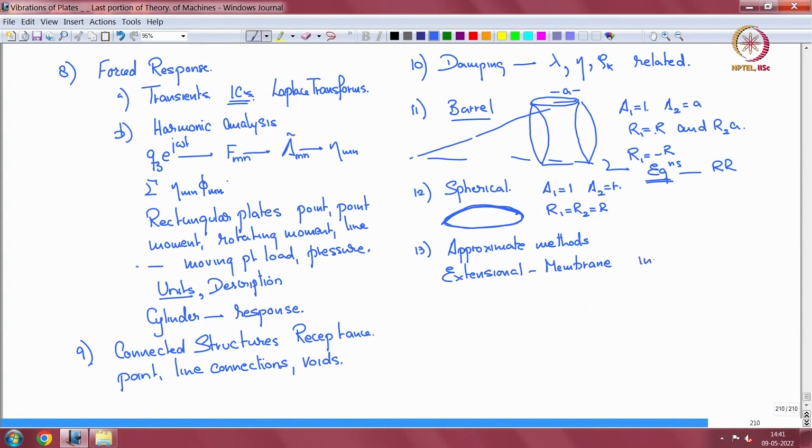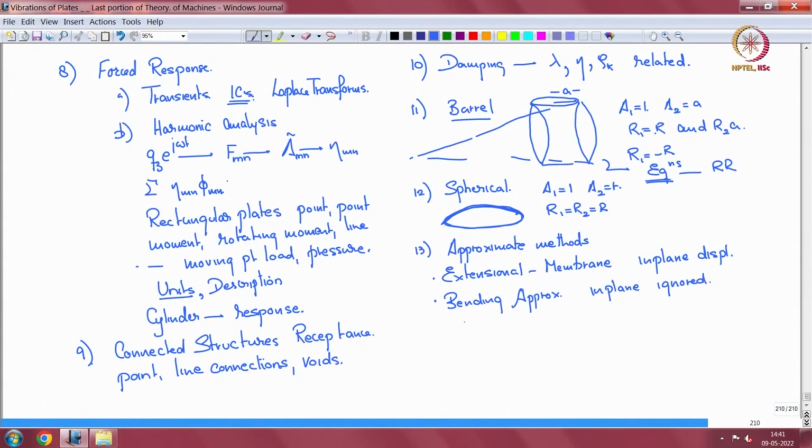Okay, in plane displacements dominate. In all these shells, they give you one set of approximations. Okay, then you could have bending approximation, where the in plane displacements are ignored in some manner.